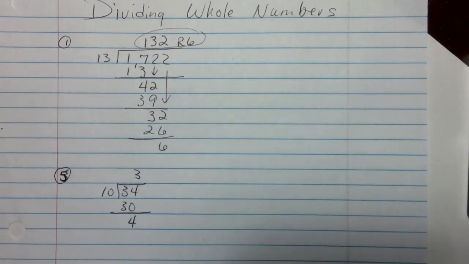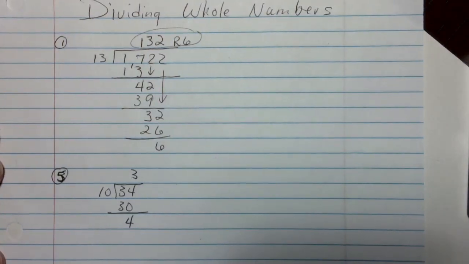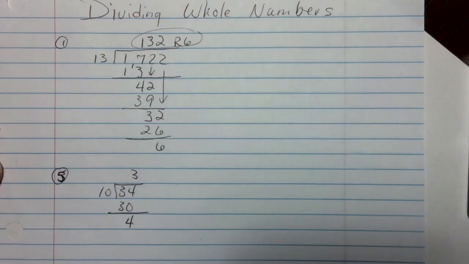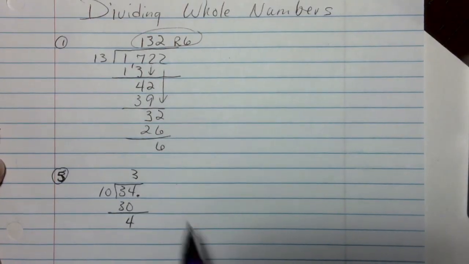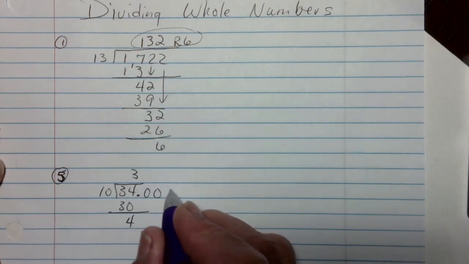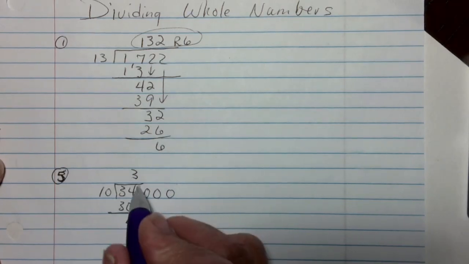Okay, on this problem, 5, 6, 7, and 8, it tells us to divide, but write the remainders as decimals. So we have to keep going. Okay, so believe it or not, there is a decimal in the number 34. The decimal is behind the 34, and I can put some zeros after that, as many as I want to.